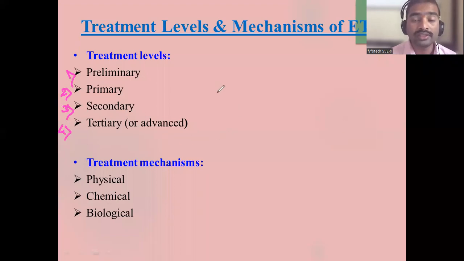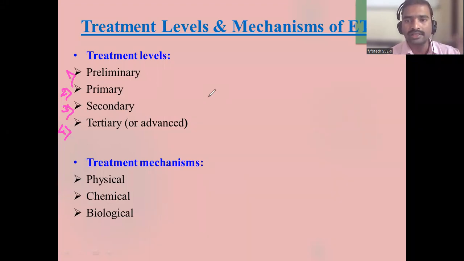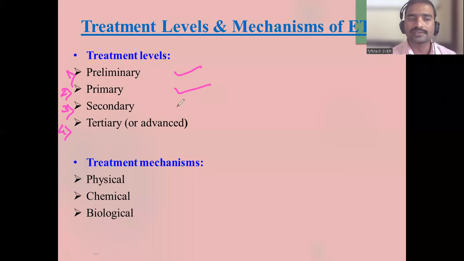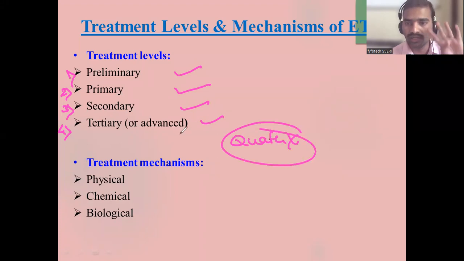In a multiple choice question: which one is not a step in ETP? Primary, secondary, tertiary, quaternary. There is no quaternary. Only four steps are used in ETP: preliminary, primary, secondary and tertiary.